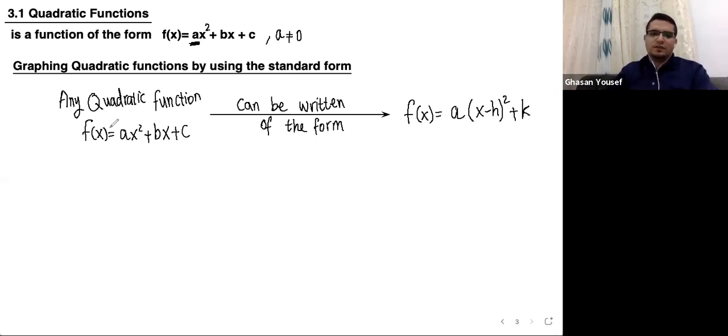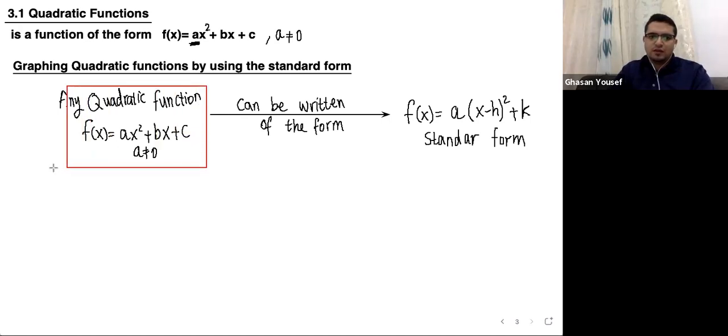So any quadratic function of the form f of x equals ax squared plus bx plus c such that a is not equal to 0, I can write in the standard form. This is called the standard form, and it helps me a lot to graph any quadratic function.